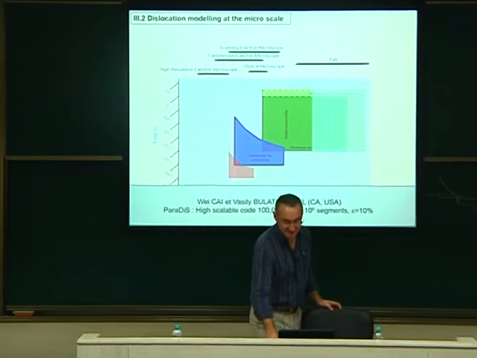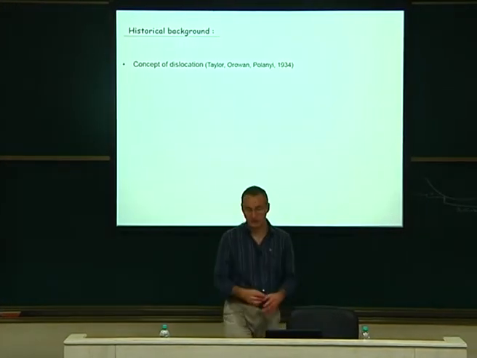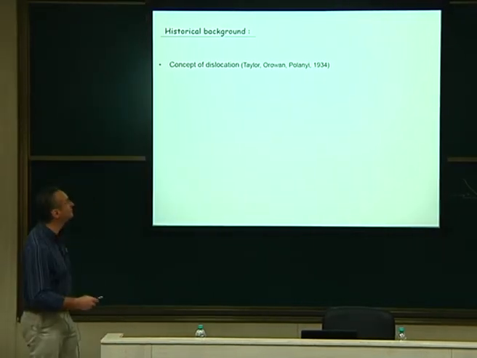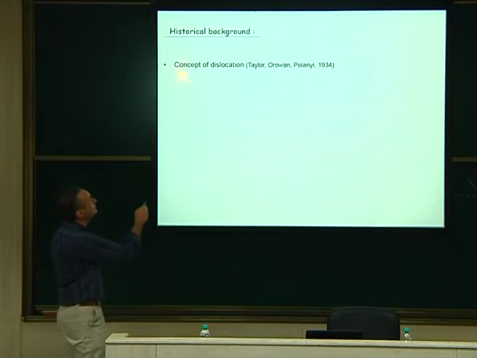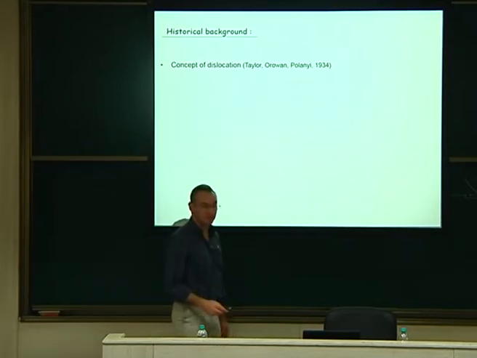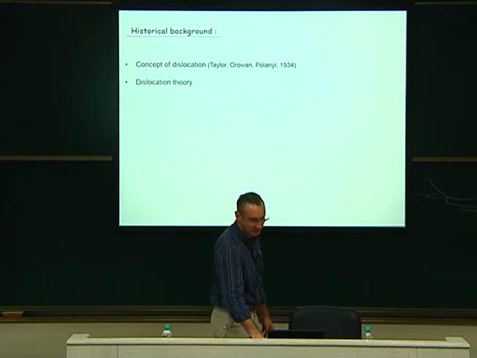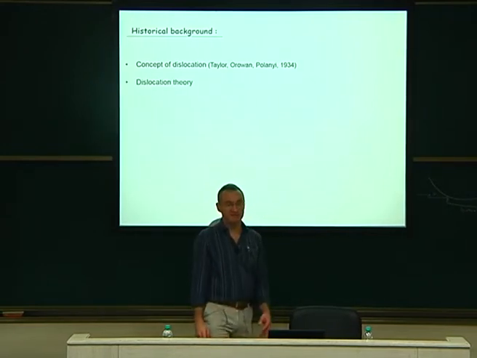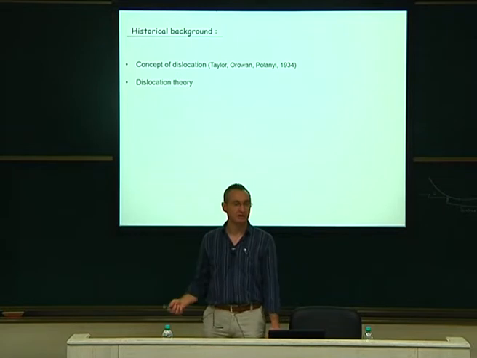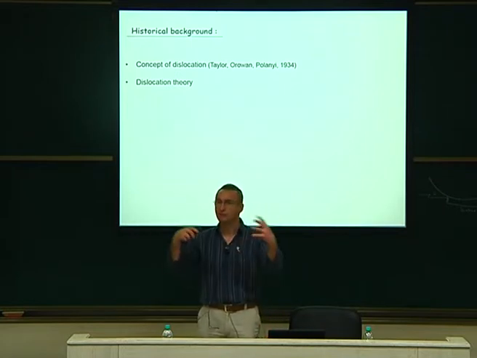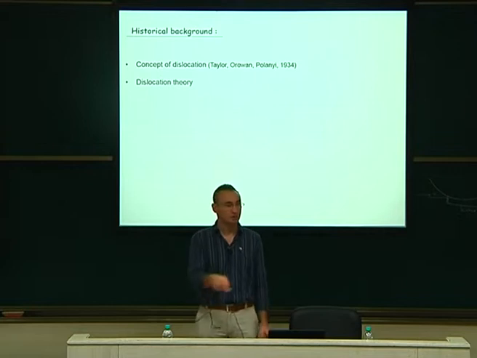So what are DD simulations? I want to go from the start, so that you will have a good idea of how it was thought out, how it started. This started from the concepts of 1934, Taylor, Orowan and Polanyi. From that came the dislocation theory. I gave you some books like Hirth and Lothe, and the Friedel book. In that theory, you can find all the equations, including the ones we used in the tutorial.